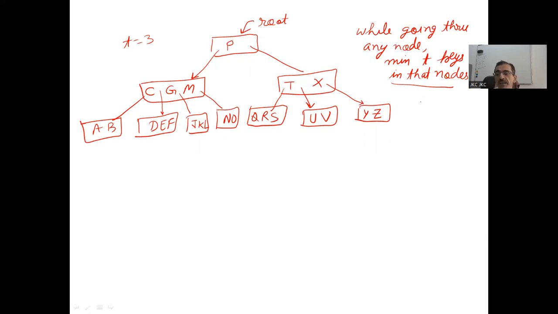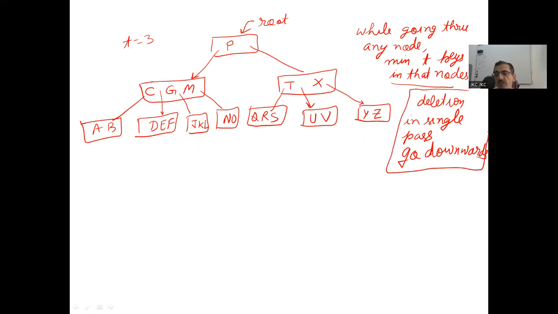Again, the aim is for deletion to be done in a single pass. So deletion will be in a single pass, always downwards, go downwards only, never come up. And while going downwards, ensure greater than or equal to t keys whenever you go to any node.